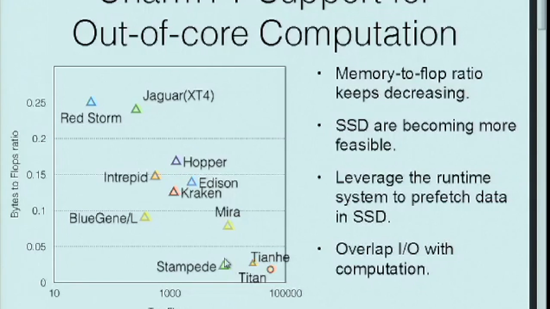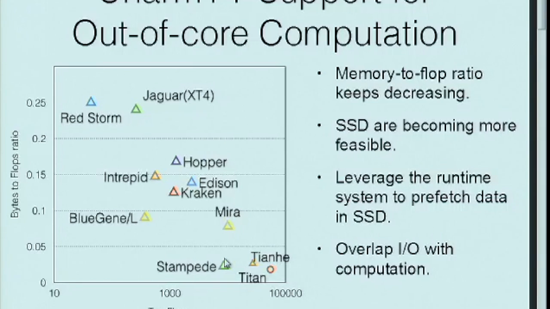All right, I will talk about the Charm++ support for out-of-core computation. As you can see from the graph on the left-hand side, we show the memory to flop ratios for recent computers. It keeps decreasing from 0.25 to less than 0.1. Another trend is that SSDs are becoming more and more available, especially in next-generation supercomputers.